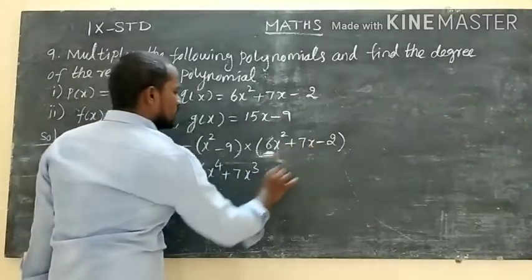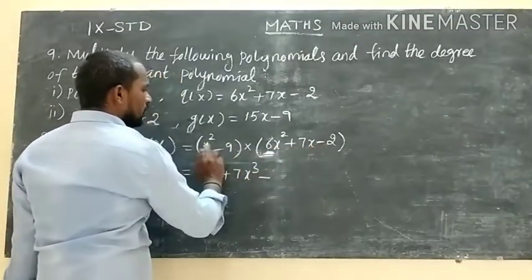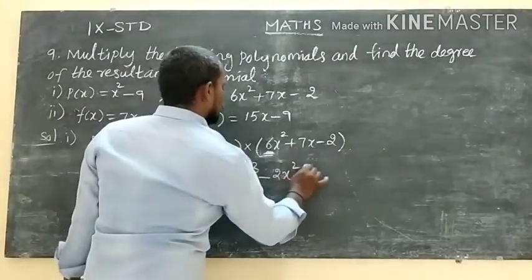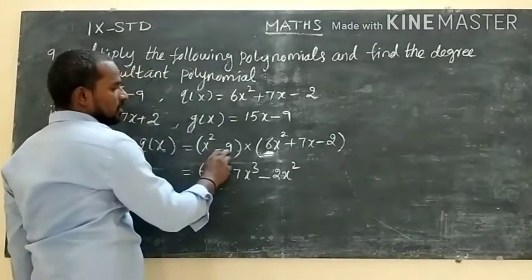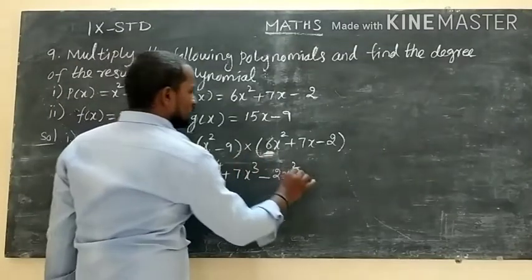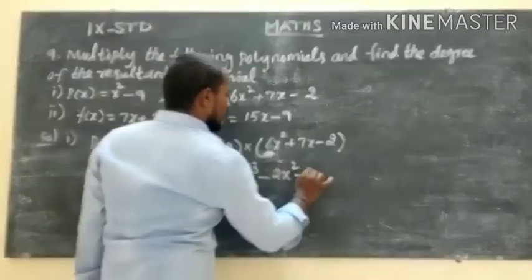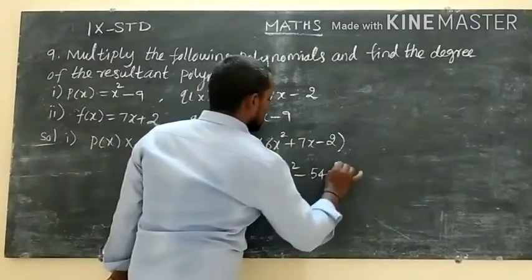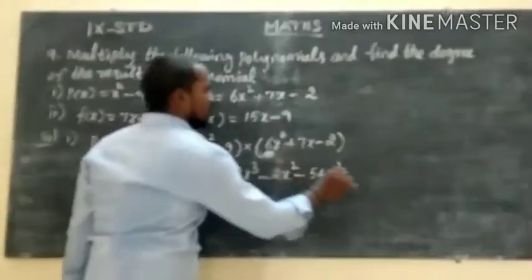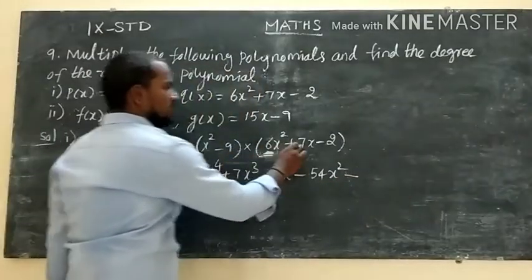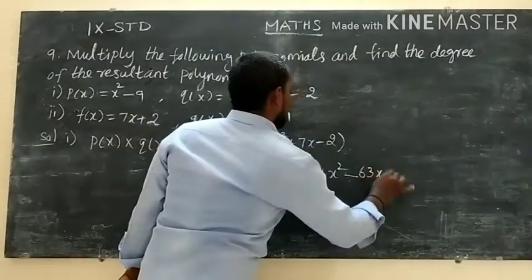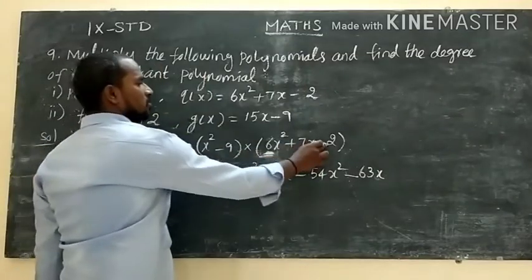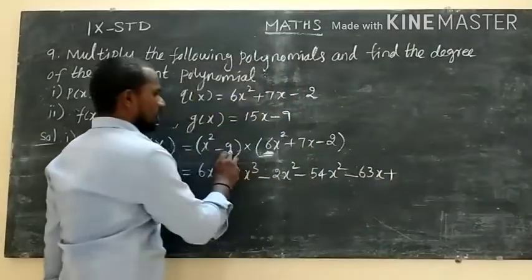Then plus into minus minus, 2 into x square, 2x square. Next consider the minus sign, minus into plus minus, 9 sixes are 54. Okay. Then minus into plus minus, 9 sevens are 63 into x, minus into minus plus, 9 twos are 18.